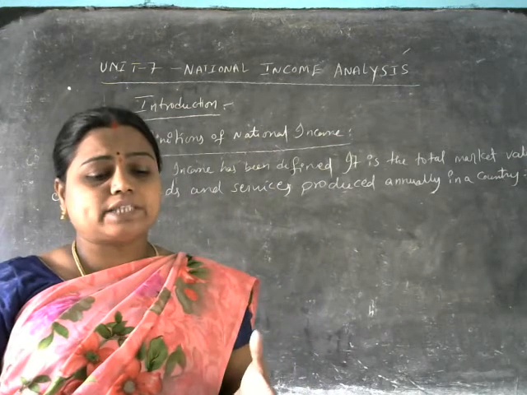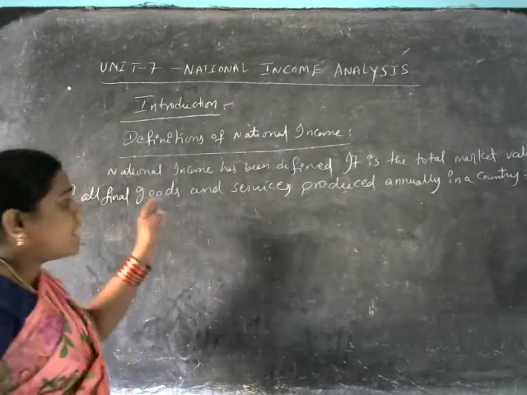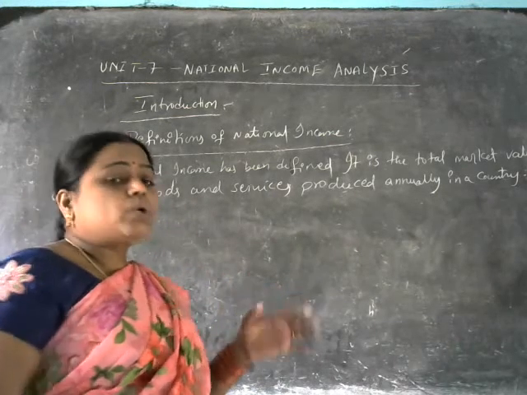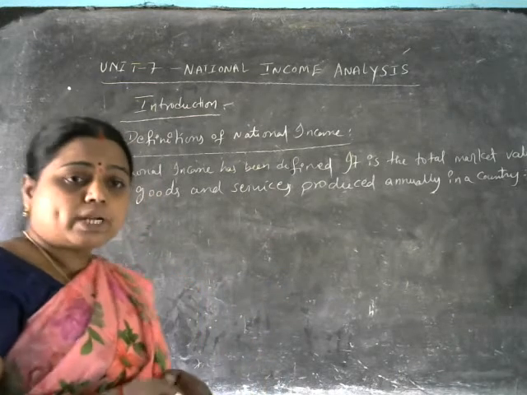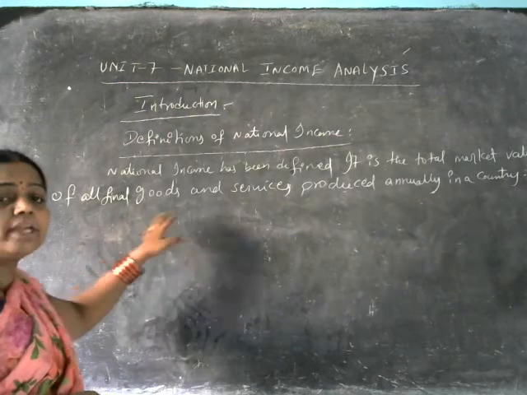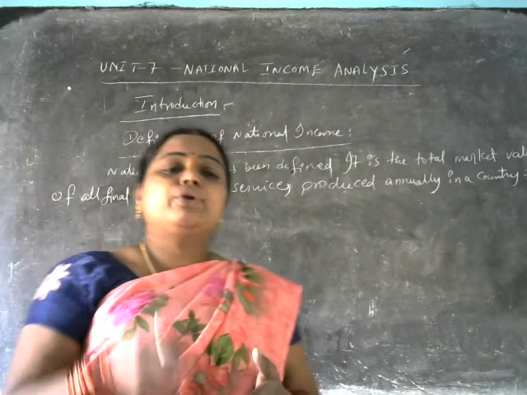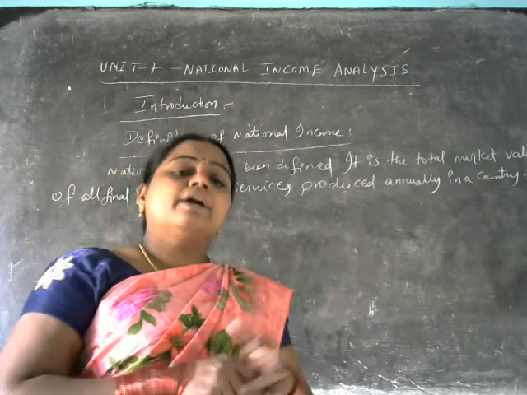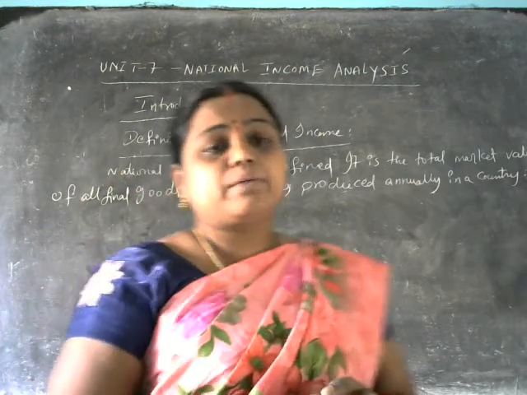So what is actually national income? It is the total market value of all final goods and services produced annually in a country. Produced annually in a country means what here?